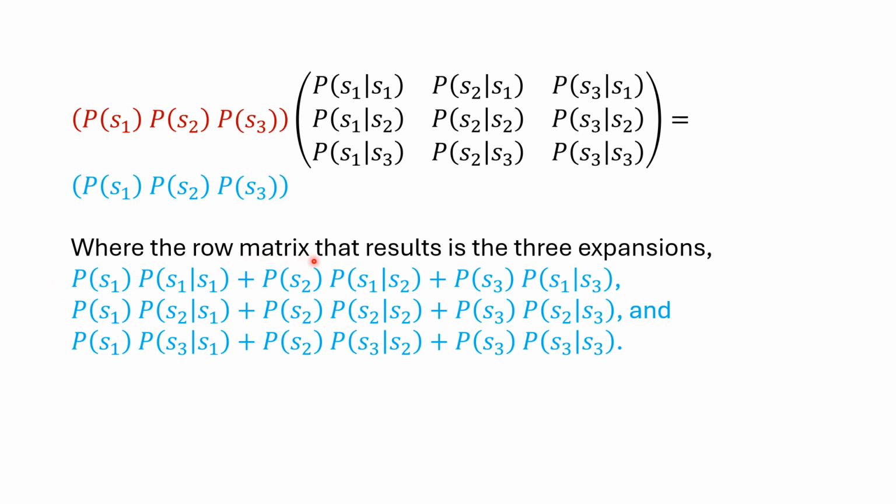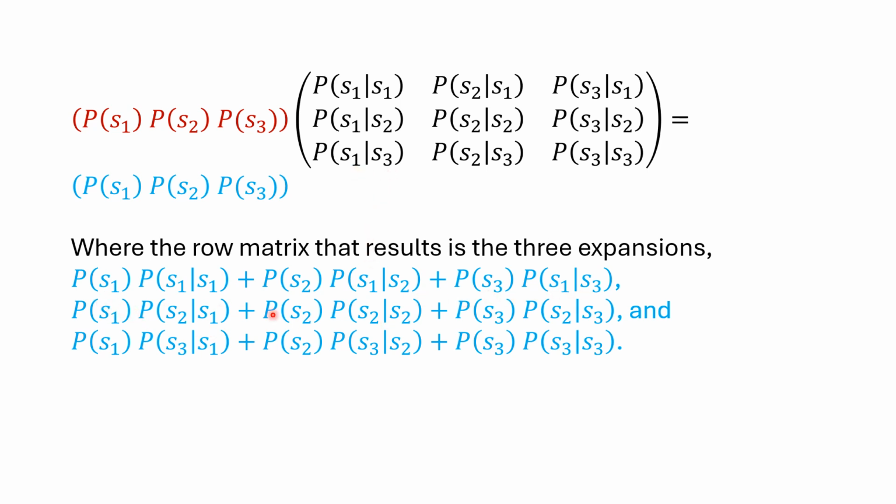The row matrix that results here in blue is going to come from the probability of S1 times the probability of S1 given S1, plus the probability of S2 times the probability of S1 given S2, plus the probability of S3 times the probability of S1 given S3.